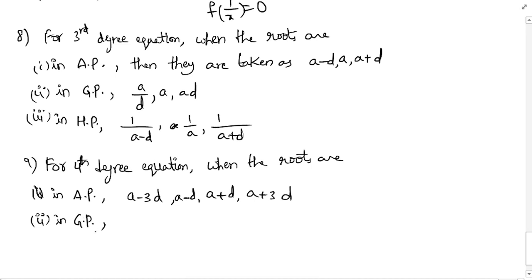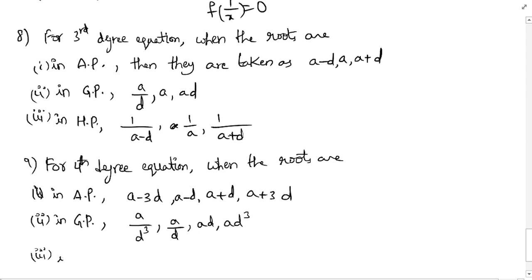So when it is given that they are in GP, then the four roots will be A by D cube, A by D, AD, AD cube.